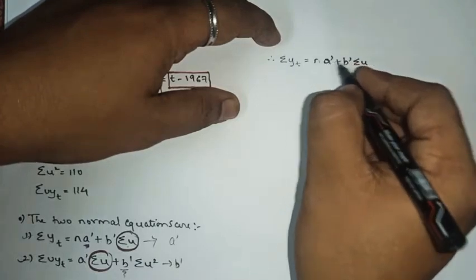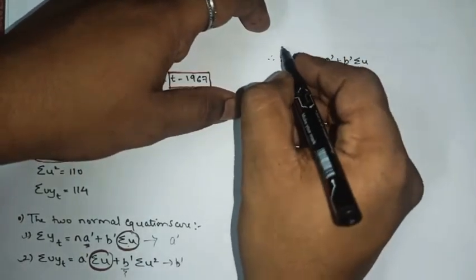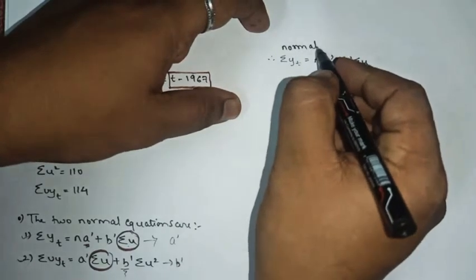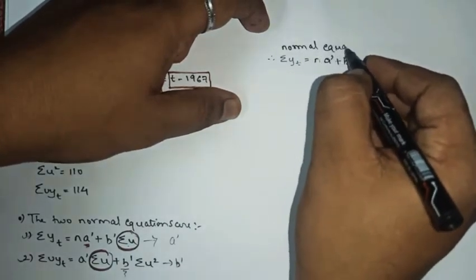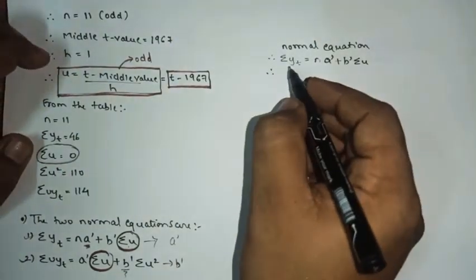Yes or no? These are the normal equations. We'll write the normal equation and substitute the values.